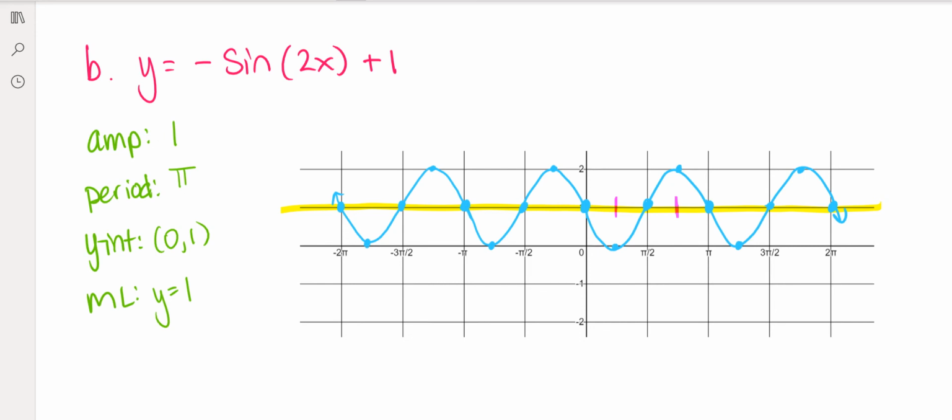Are there any questions on this graph? Follow the list. Midline, y-intercept, period, middle point, amplitudes. Questions?